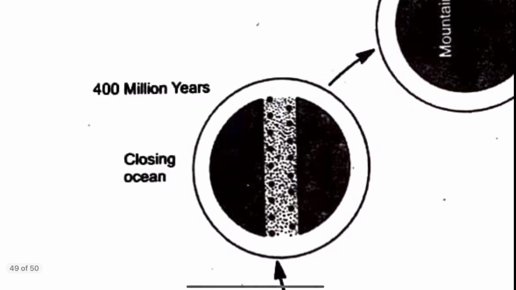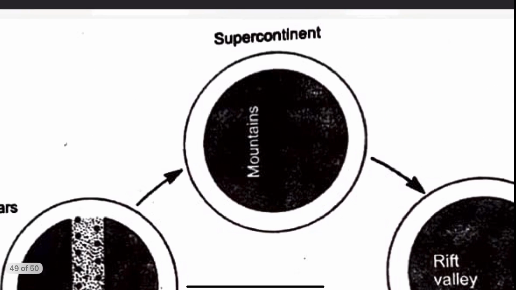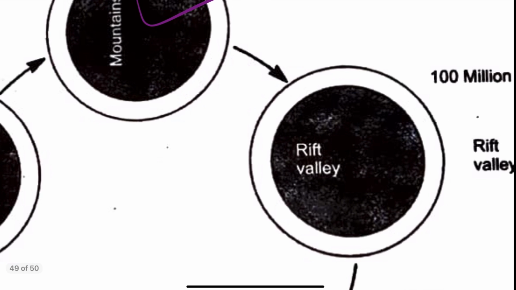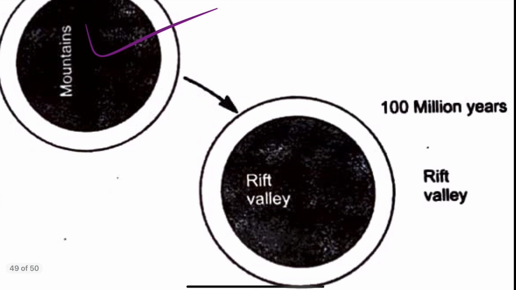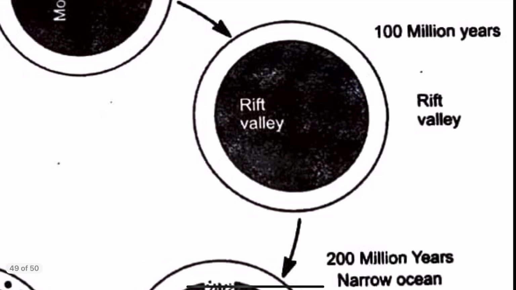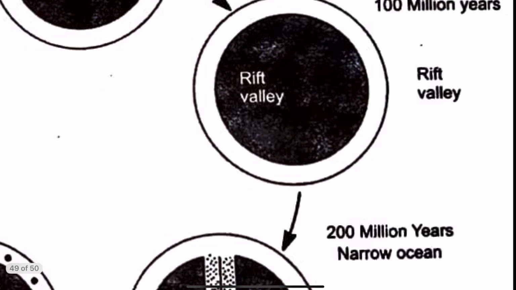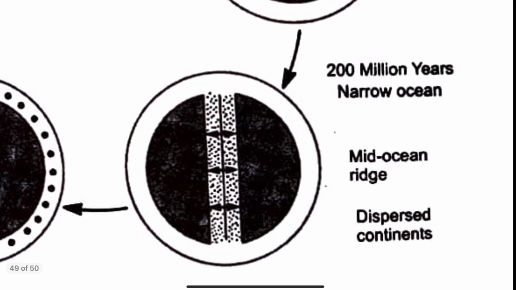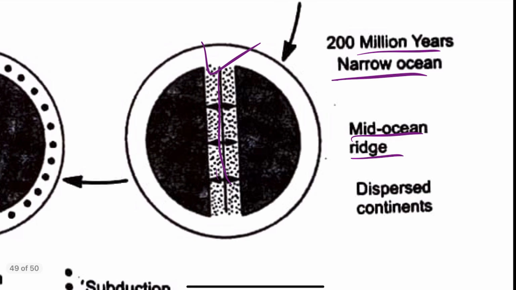This diagram shows. So this is the supercontinent. Then, because of the convection current that develops below this, rifting takes place. Rift valleys widen, narrow ocean develops, and in the middle the mid-ocean ridge comes up.